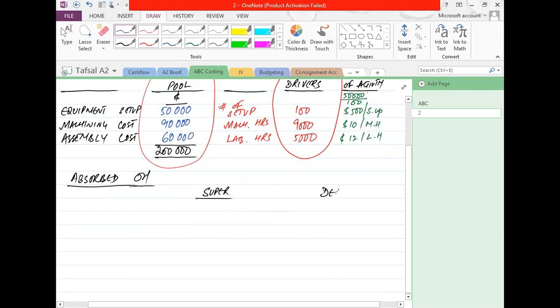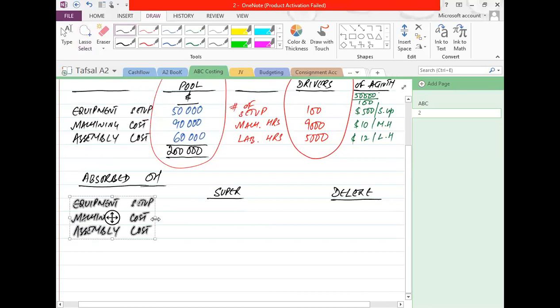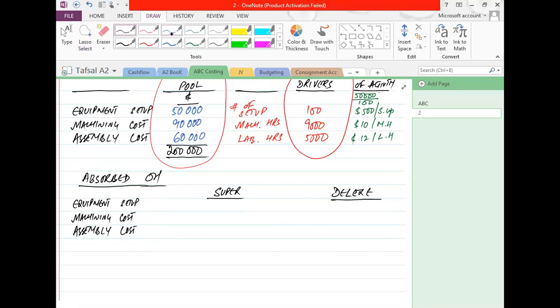So the same is to be taken here, all three activities, the same activities which are to be consumed. For example, for Super, I am picking the blue one. The rate should be 500 per setup. So we have to multiply with the number of setups used in Super.